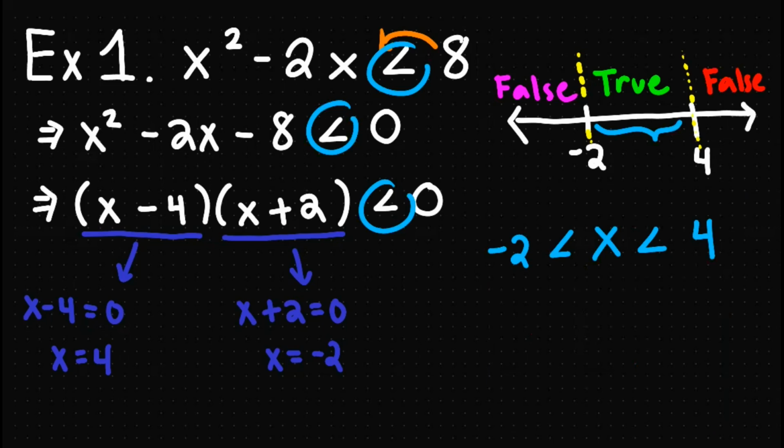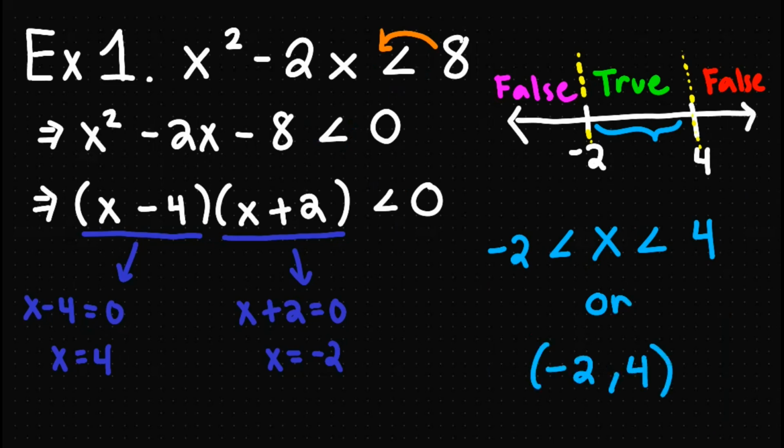So basically, it is strict. If you want to express our answer in interval notation, we'll have negative 2, 4 with parentheses, not brackets. And this one out here is the answer for this problem.